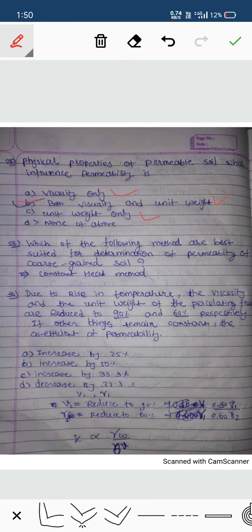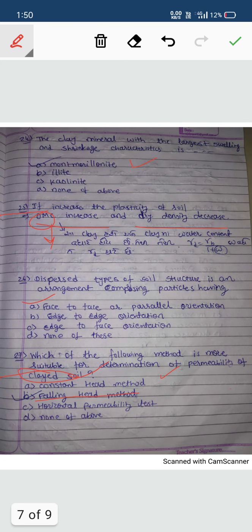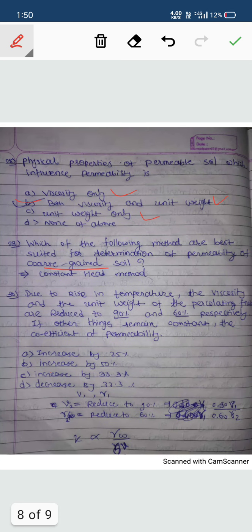29: which of the following methods is best suited for determination of the permeability of coarse grained soil? We have already discussed this in the earlier questions. The constant head method is used for sand, and the falling head method is used for clay.